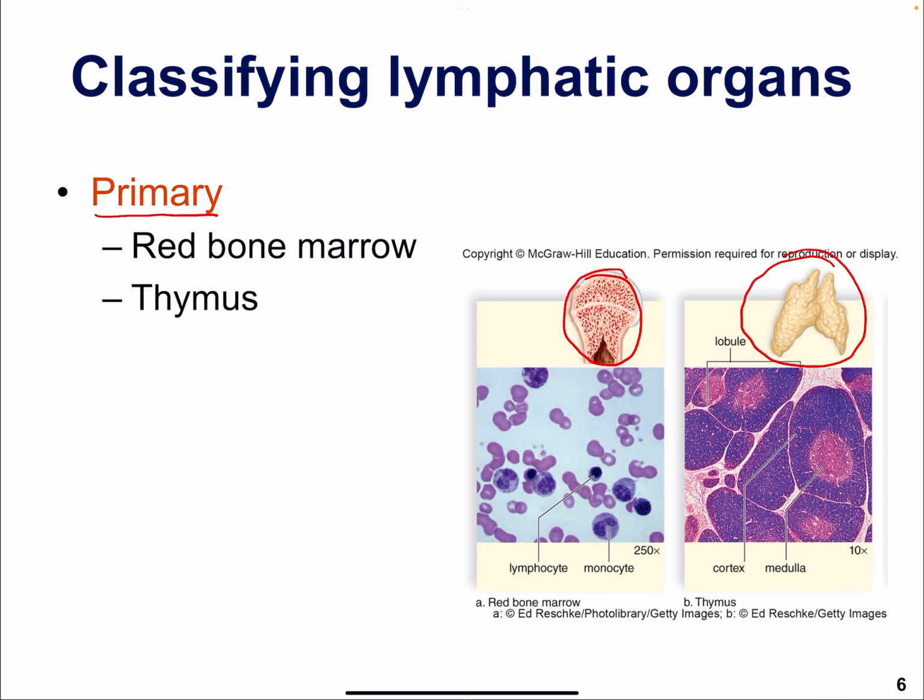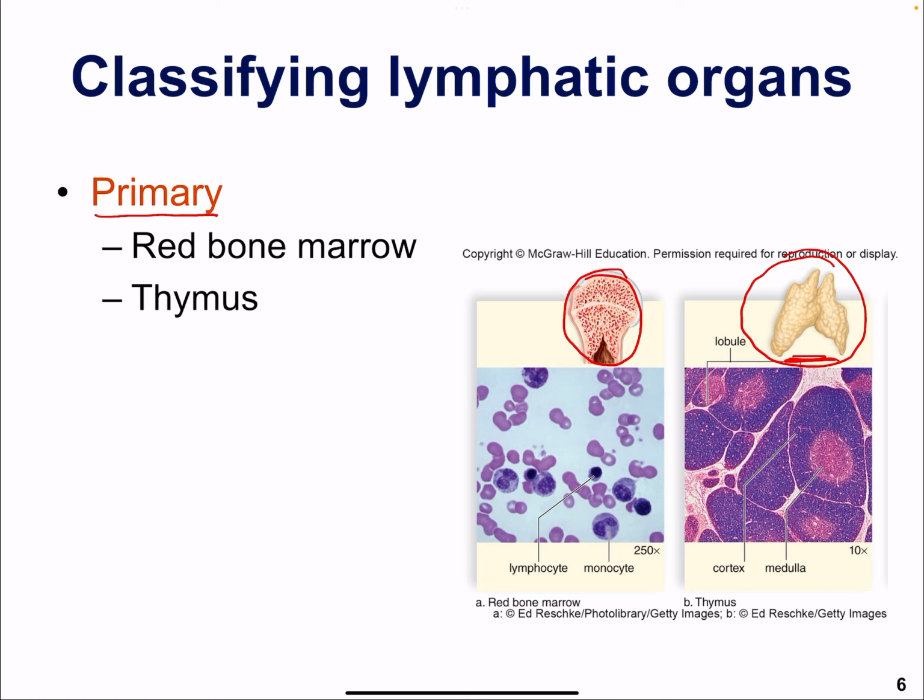Two, the thymus. The thymus is where blood cells, and very specifically T lymphocytes, are going to learn the difference between self and non-self. By learning the difference between self and non-self, they are going to tell what is antigen and what is not antigen.